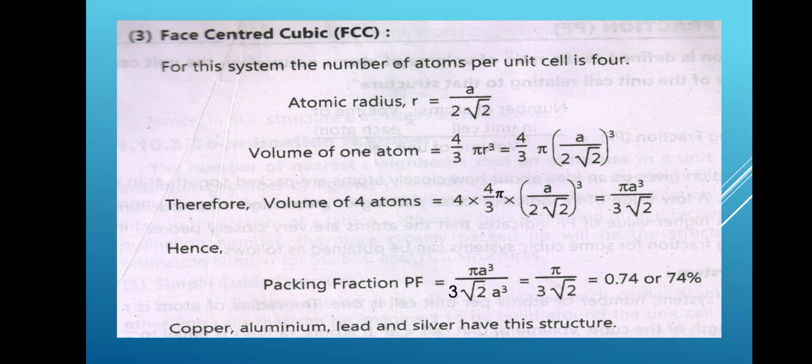Hence, packing fraction is equal to pi a cube divided by 3 root 2 into a cube, equal to pi divided by 3 root 2, which is equal to 0.74 or 74%. Copper, aluminium, lead and silver have this structure.